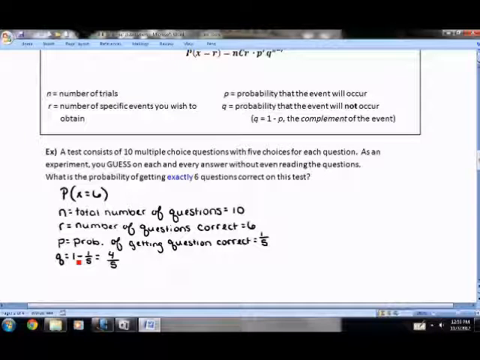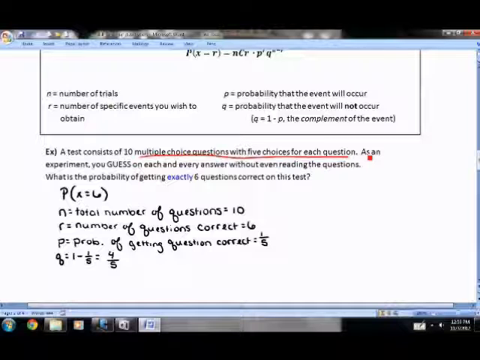How did we get the 1/5? It says you have a multiple choice question with 5 choices for each question. So the probability of getting a question correct is 1 out of those 5 choices, so it's 1/5. Which means the probability of not getting success, or in other words, the probability of getting it wrong, is going to be 4 out of 5.